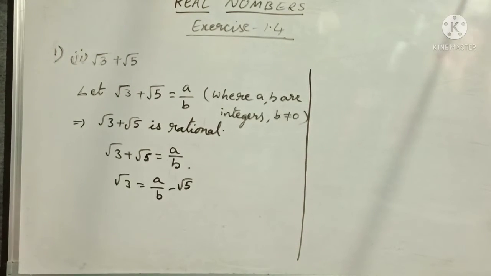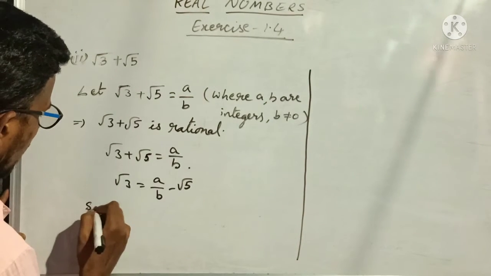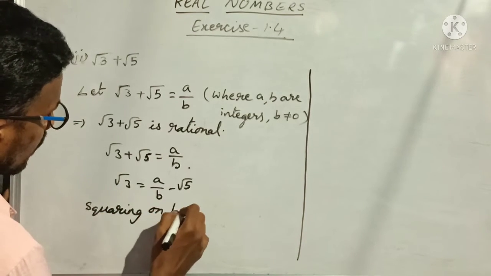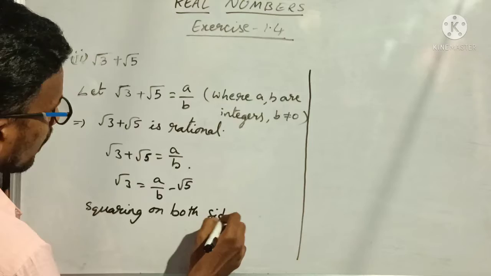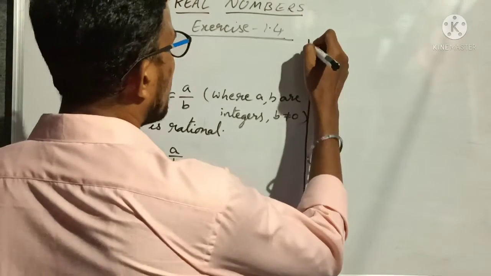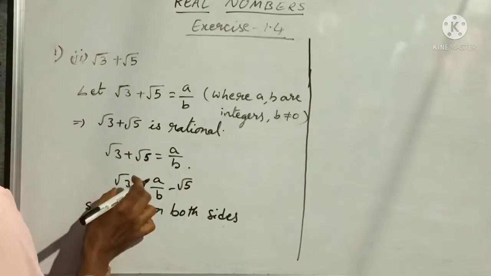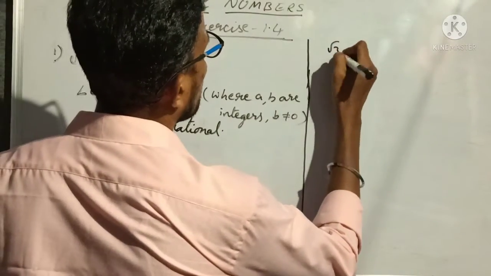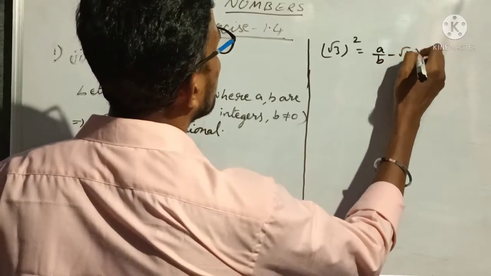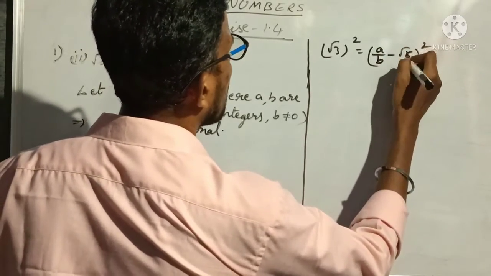Now I will take squaring on both sides. Squaring on both sides, this becomes root 3 whole square is equal to a by b minus root 5 whole square.